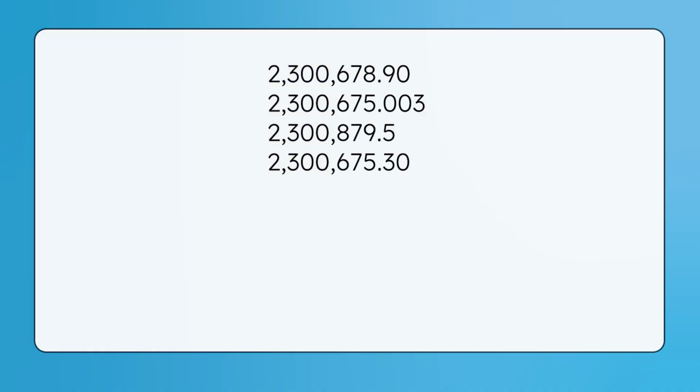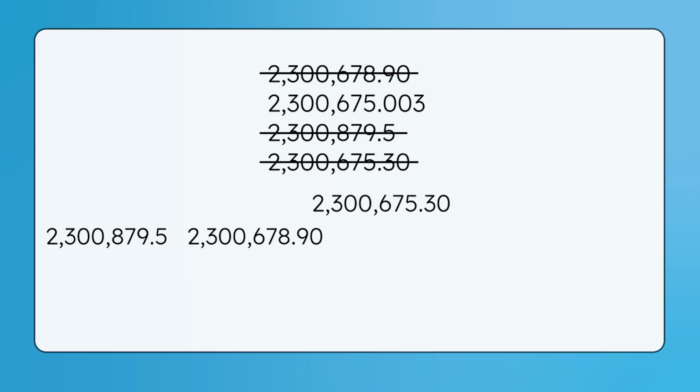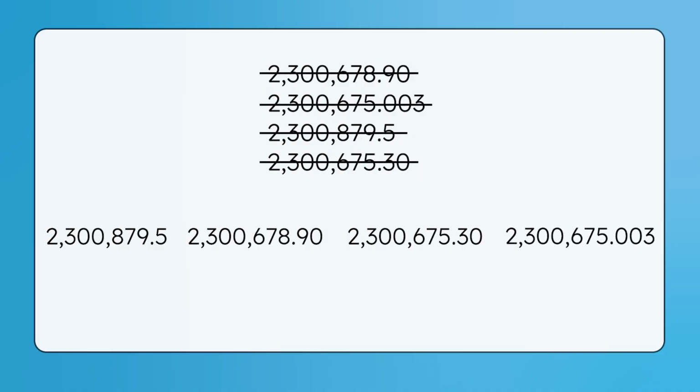The greatest number is 2,300,879 and 5/10, followed by 2,300,678 and 90 hundredths, then 2,300,675 and 30 hundredths, and finally 2,300,675 and 3 thousandths as the least number.